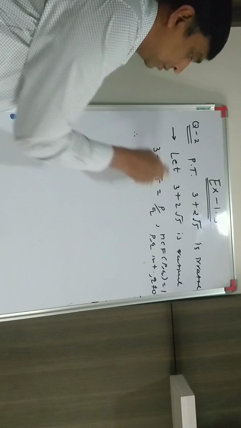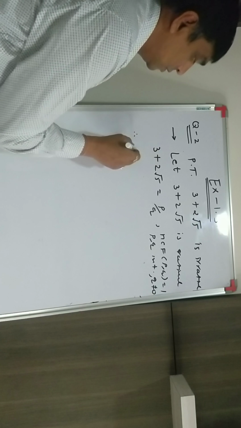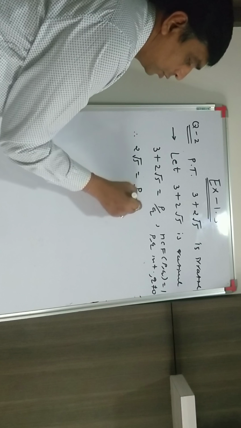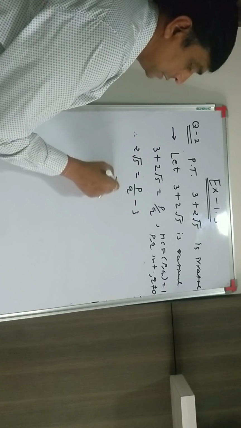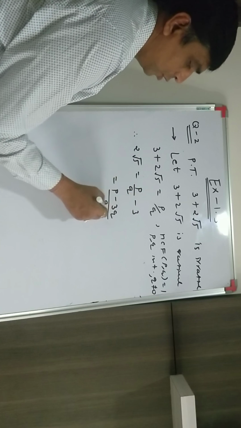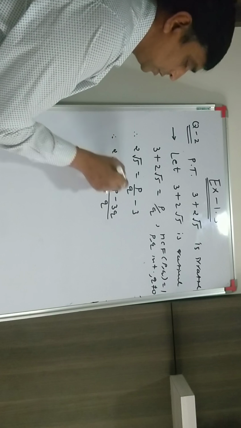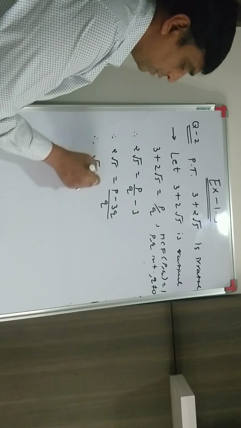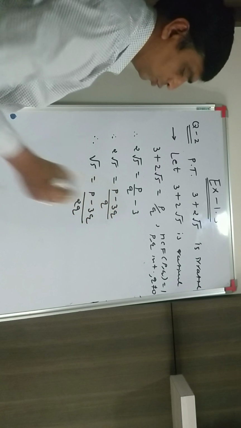We know that root 5 is irrational. Make it subject. So 2 root 5 equals P upon Q minus 3. Taking LCM, so P minus 3Q upon Q. So we get 2 root 5 equals P minus 3Q upon Q. Root 5 equals P minus 3Q upon 2Q.